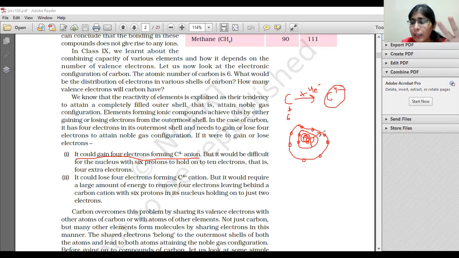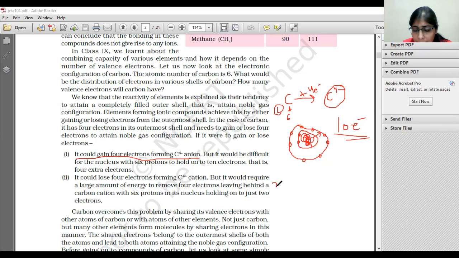If we add 4 extra, it will be very difficult for that room to tolerate those 4 people. It can disturb all of the students. So for 6 protons, it is very difficult to hold on to 10 electrons. This is the first case.